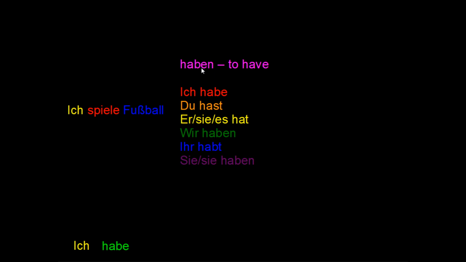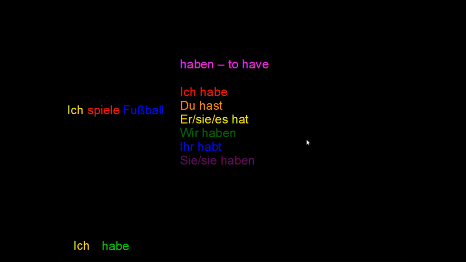It's not changed. Now this bit here, habe, hast, hat, and so on, is what we call the conjugated verb. It's the bit that's changed. And you can change it in many different ways depending on what you want to do. So if you change it to habe, that means you can put it with ich, but we want to change it into a past participle.